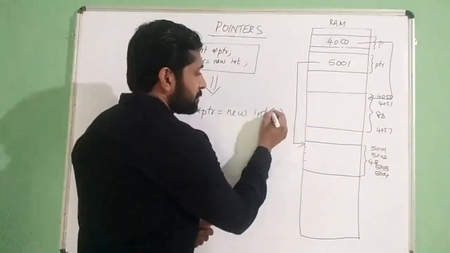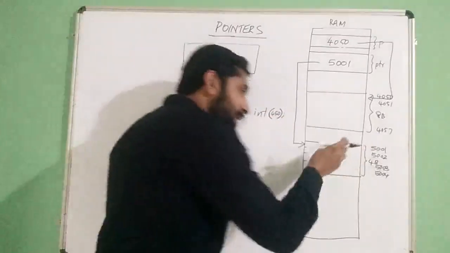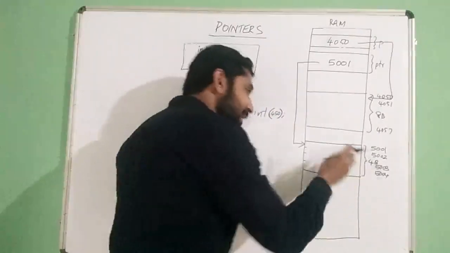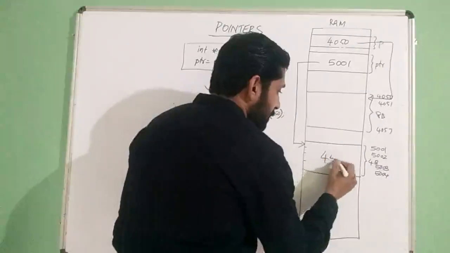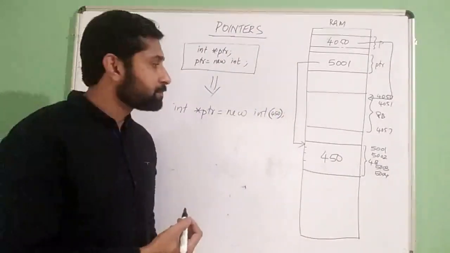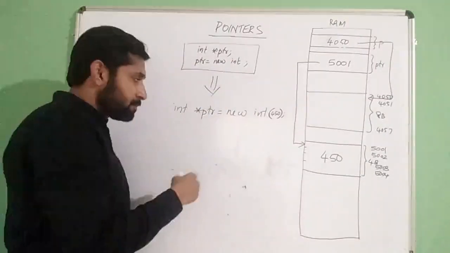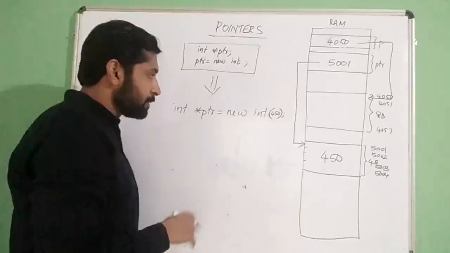And within the brackets we have given 450, which means inside this 4 bytes, 450 should be assigned. Then the remaining is similar to the previous example.